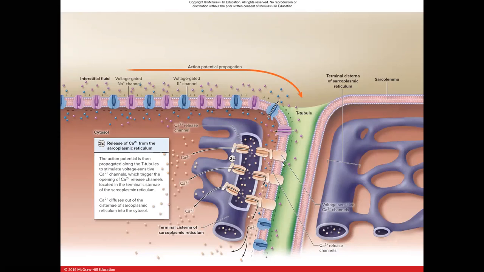We have these voltage-sensitive calcium proteins that get stimulated by the change in charge, by the change in voltage. And so as they are stimulated, they cause these voltage-gated calcium channels that are located on the sarcoplasmic reticulum to open up. And this allows a flood of calcium into the cell of the muscle.